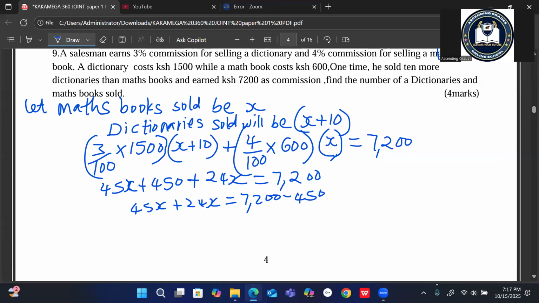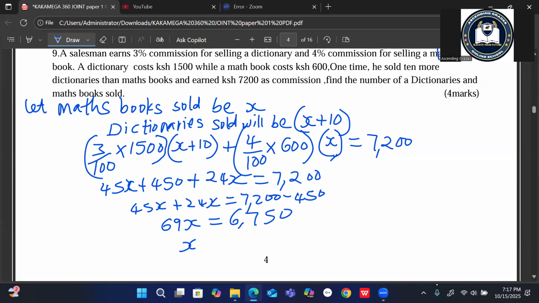So 45X plus 24X is 69X. 7,200 minus 450 gives you 6,750.